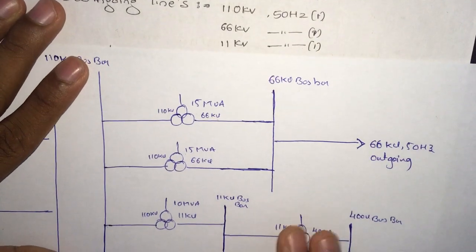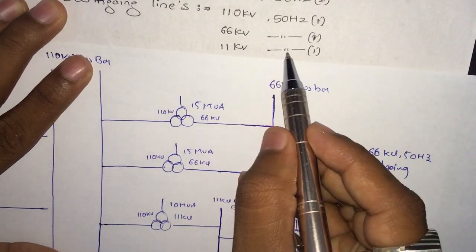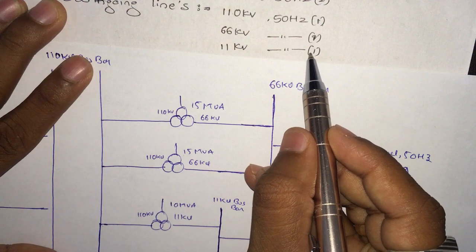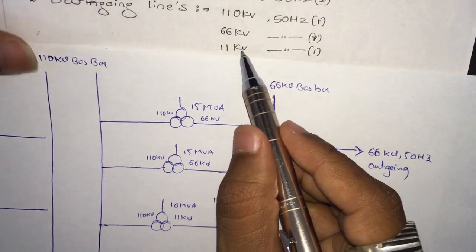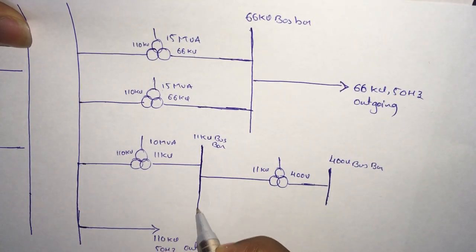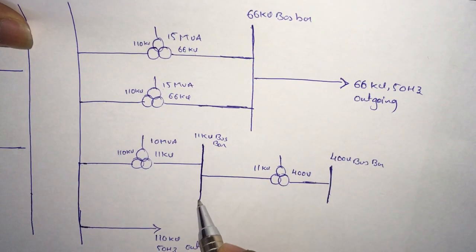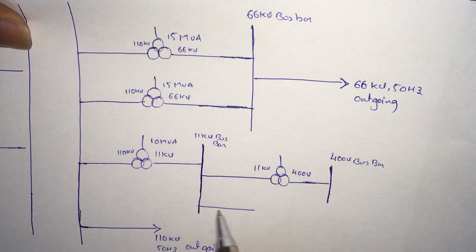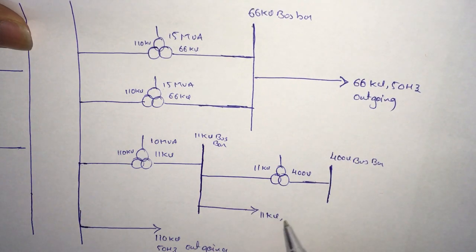After that, 11 kV 50 hertz, one outgoing line. Outgoing line is marked to the bus bar only. Here is our 11 kV bus bar. We'll mark it here, outgoing line 11 kV 50 hertz outgoing.